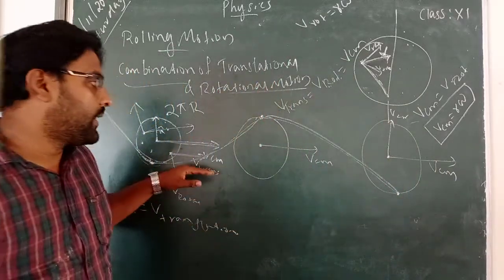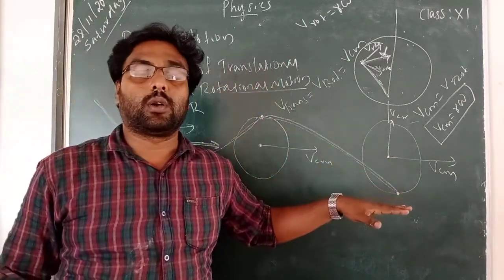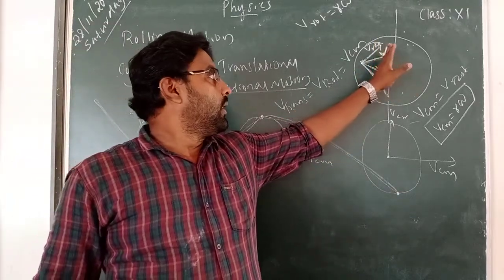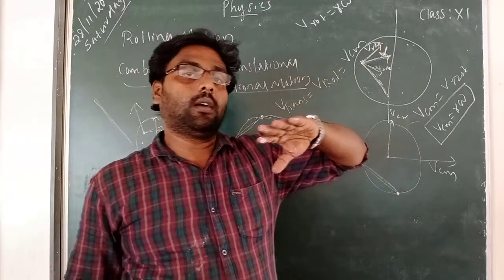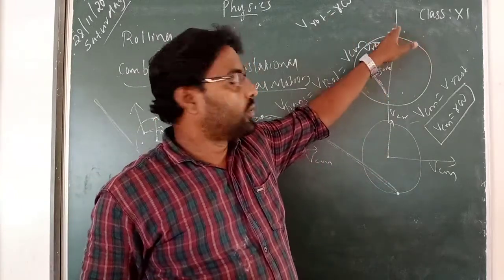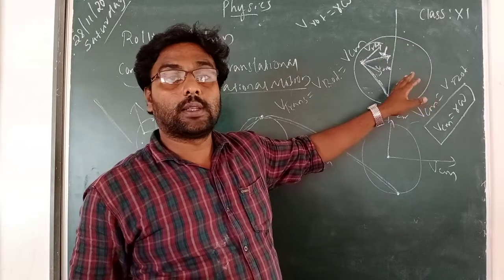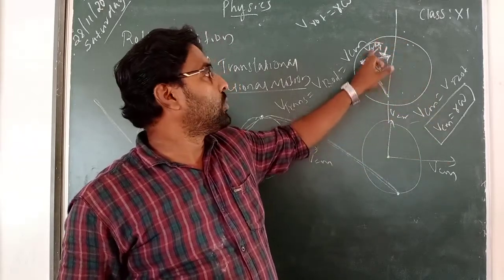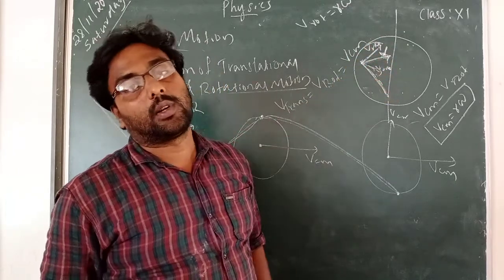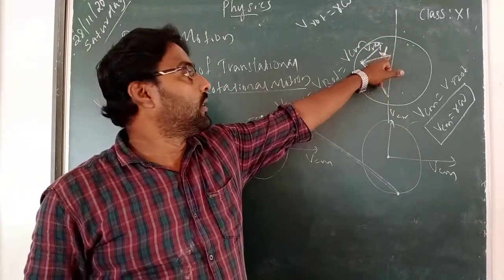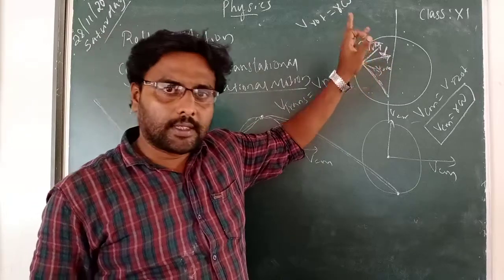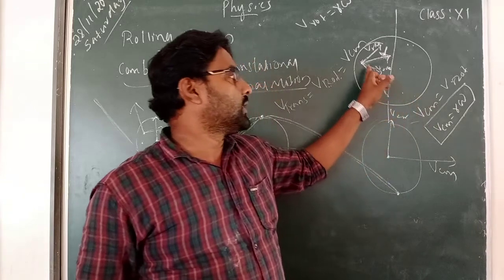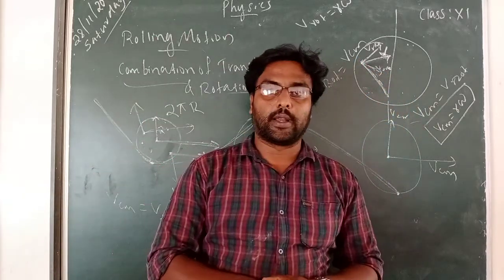Then this diagram shows how the point of contact moves. The point of contact moves in two directions, V translational and V rotational, and the center of mass in one direction, and the resultant of these two is what we can tell as V. This resultant V is always perpendicular to the line from the center of mass to the point of contact.